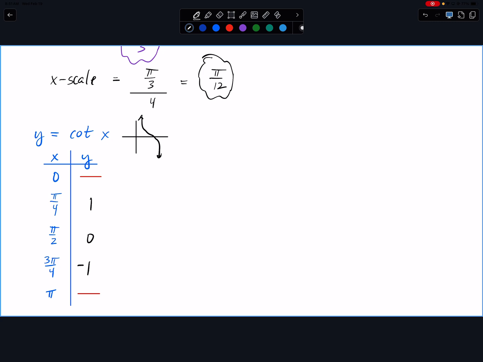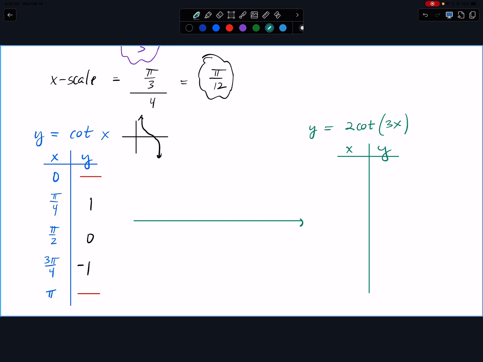Okay. Now, to graph the new function. So your professor in this class is a really nice guy, and he's not going to make you guys shift left and right.